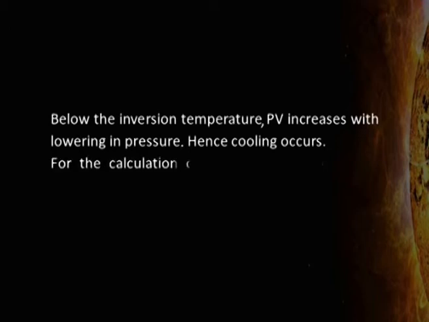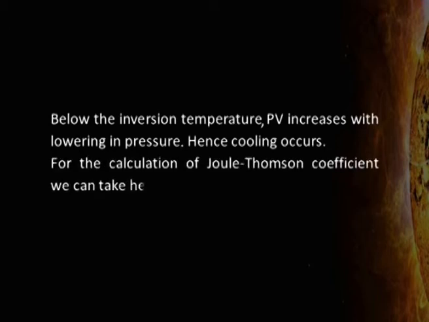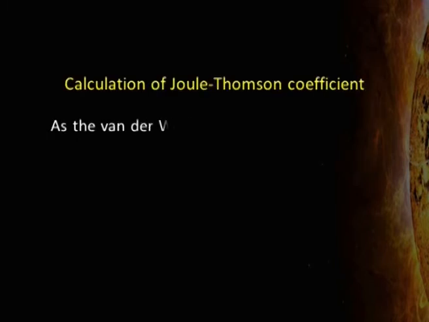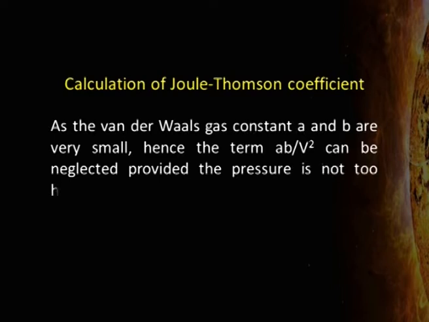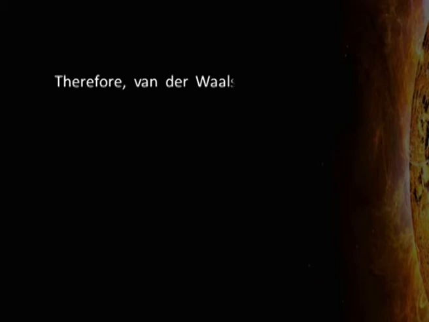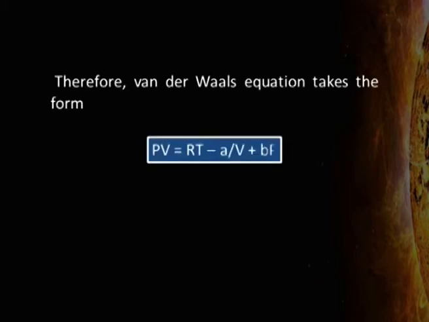For the calculation of Joule Thomson's coefficient, we can take help of the van der Waals equation. As the van der Waals gas constants A and B are very small, the term AB upon V square can be neglected provided the pressure is not too high. Therefore, the van der Waals equation takes the form PV equal to RT minus A upon V plus BP.